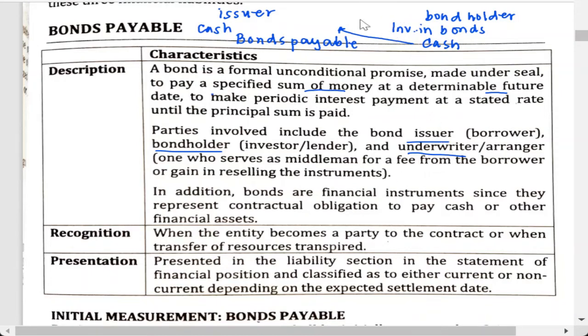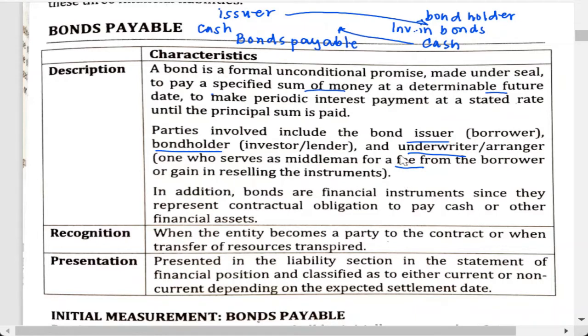So naa tay middleman, an intermediary between the issuer and the bondholder. And this underwriter or arranger arranges the transaction for a fee. So, naa siya madawat nga bayad. So, he will be the one to arrange this transaction. And this is a middleman for a fee from the borrower or gain in reselling the instruments.